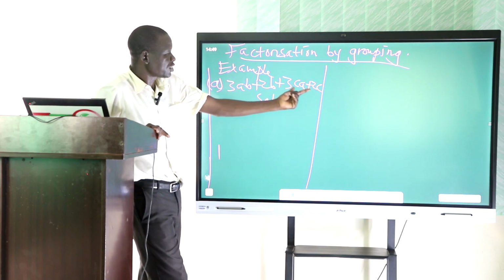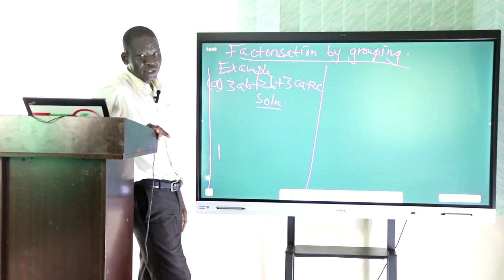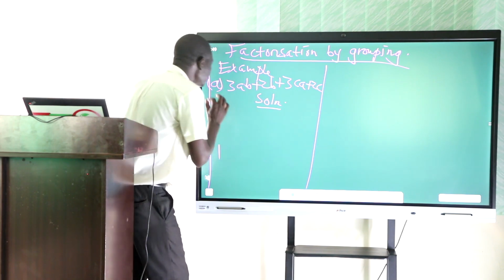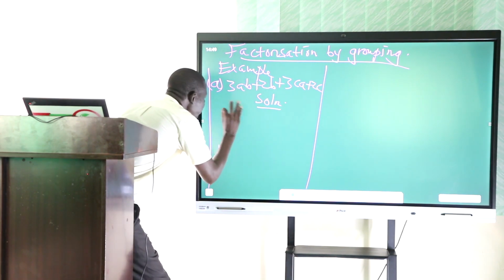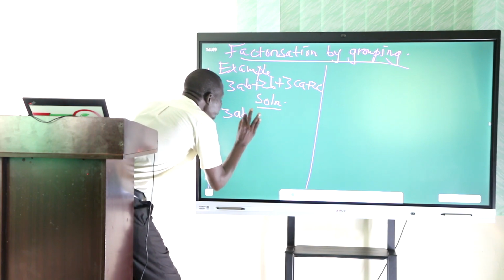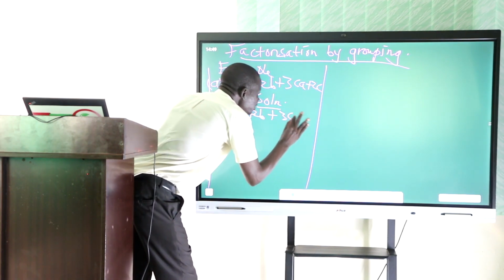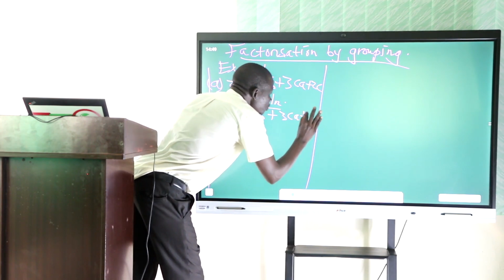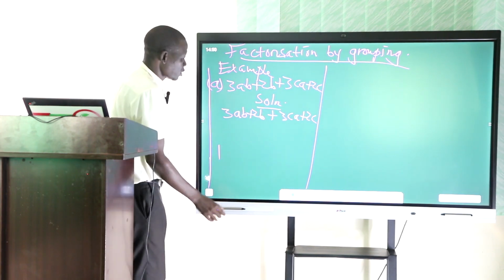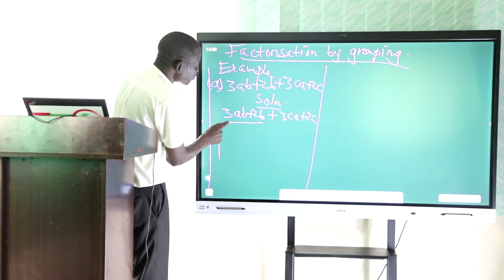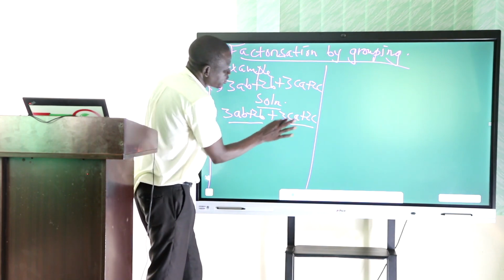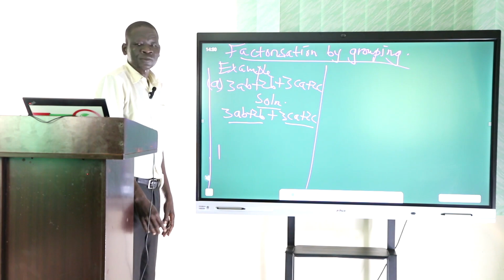Between this one, you can see that C is similar. So what we shall do, first of all, we have 3AB plus 2B plus 3CA plus 2C. We are going to factorize this group and then we factorize this group separately.